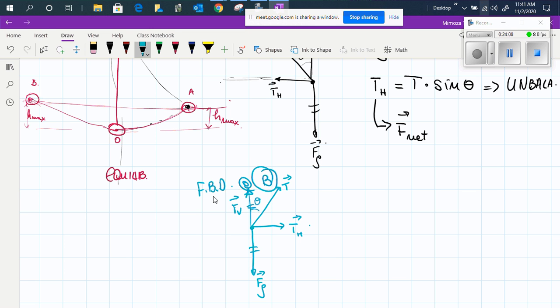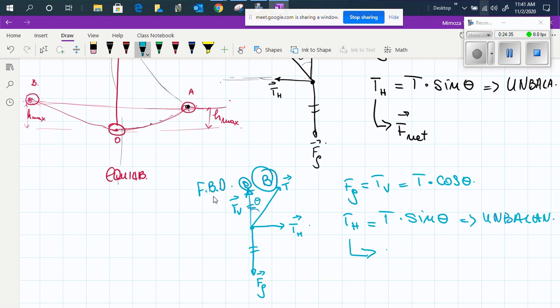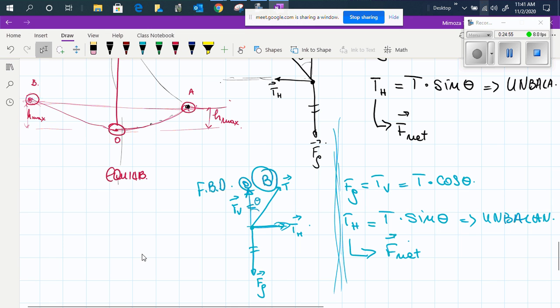Since it is not moving up, the force of gravity will be equal to the vertical component, which is T times cosine theta, and the horizontal component, which is T times sine theta, will be the unbalanced force, which in terms of the third law of Newton is equal to the net force, and this will be toward the equilibrium as well, because the equilibrium at point B will be at this area here.